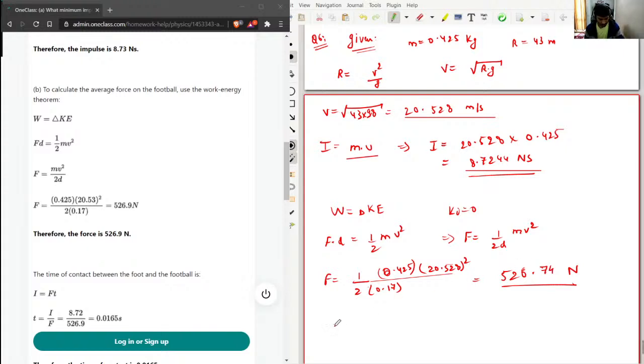And again, impulse is force into time. So my impulse was 8.7244 equal to force 526.74 into time. So time will be 526.74 over 8.7244.